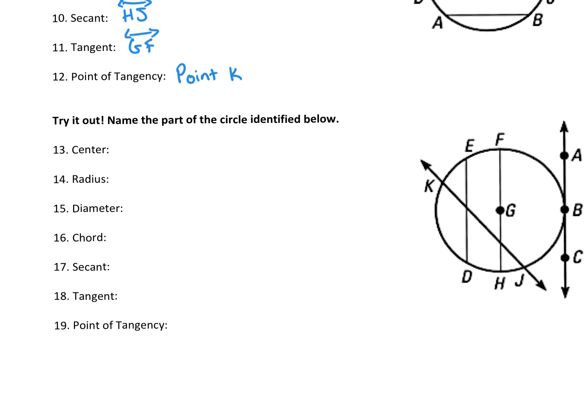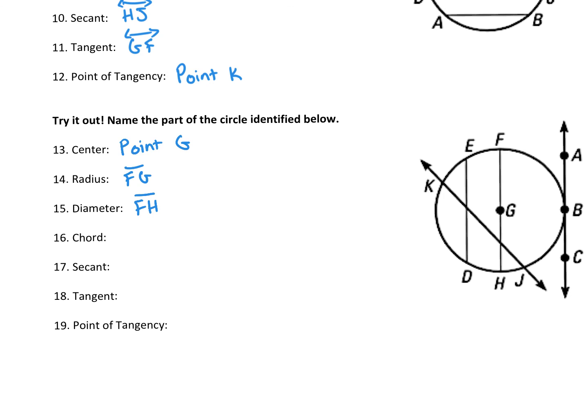Next, we want to identify the different parts. Okay, so the center, again, is point G. A radius, I see FG. Radii are line segments, so you just put a line on top. The diameter is FH.